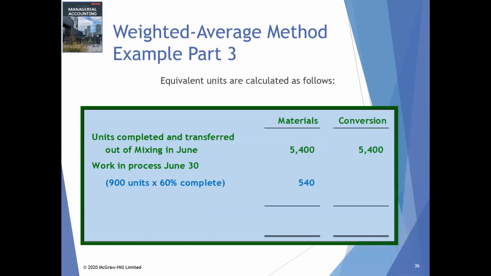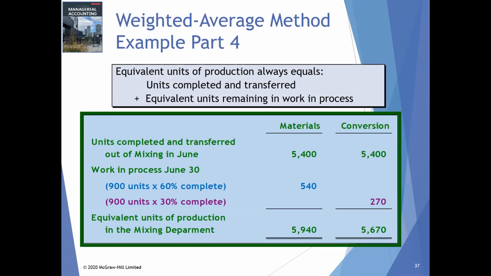Next, work in progress at the end of the period: 60% of 900 units which were also there at the end of the period. Now 540 in case of material and 270 in case of conversion. The totals are 5,940 and 5,670 for material and conversion respectively. So these were units which are totally completed.